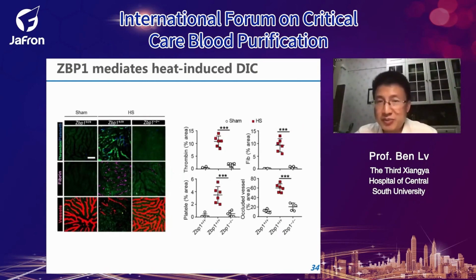If you delete ZBP1, you can see there's no DIC as well. So you can see there's improved survival in this model. And we also found that ZBP1 is a sensor. Once it's activated by the heat stress, it can aggregate and induce programmed cell death. It's also called necroptosis.